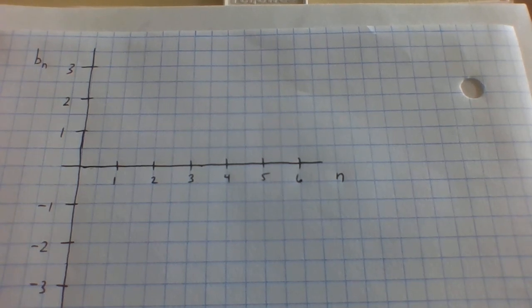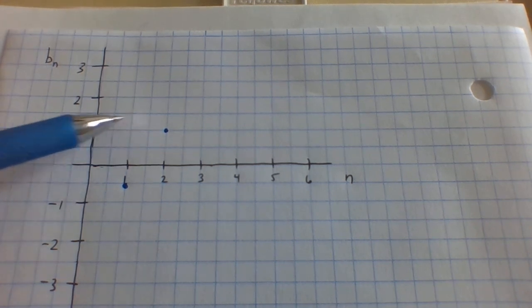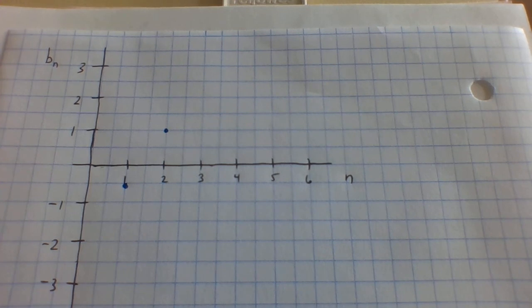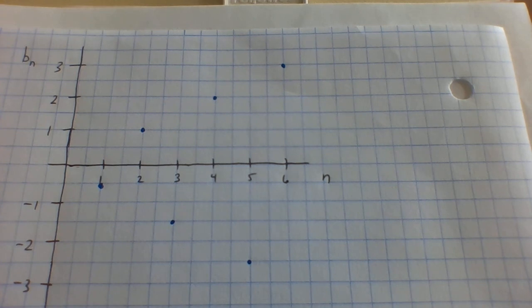I'm going to be plotting the n values along my x-axis and the b sub n values along my y-axis. My first term was a negative 1/2, and my second term was at positive 1. Let me go ahead and plot the rest of my points. Here's the image of our graph for this sequence.